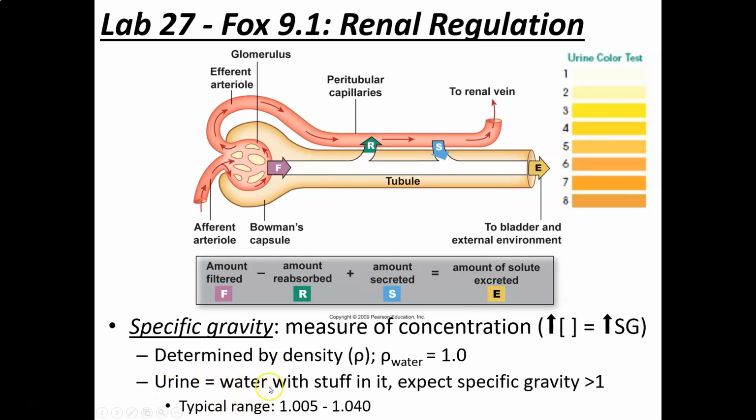Urine, right, is water with a whole bunch of stuff in it. So we expect the specific gravity to be slightly greater than 1. And again, the typical range, 1.003, 1.005-ish, up to about 1.040. So if your specific gravity was like 1.003, that would be up here in this really light urine color test next to the one that you just barely see because it's so light, while the 1.040 is going to be somewhere down here in the 7 or 8 range.